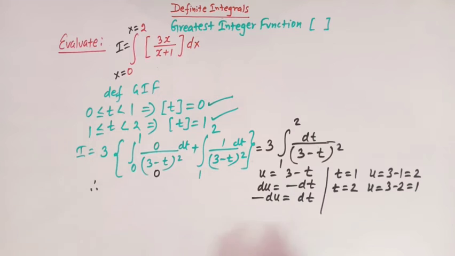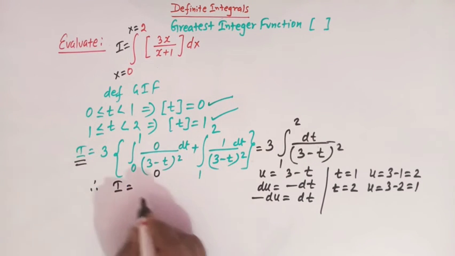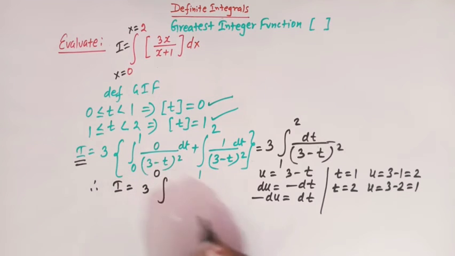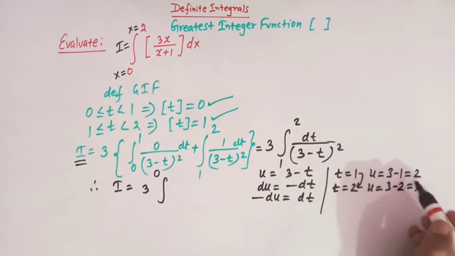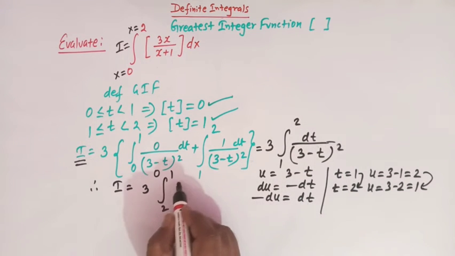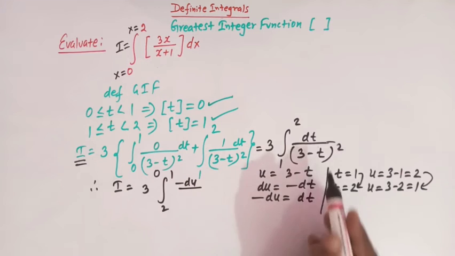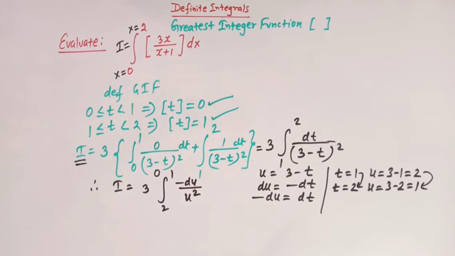So now this integral I becomes 3 times the integral where, when t varies from 1 to 2, u varies from 2 to 1, so here we have 2 to 1, and for dt we have minus du, and here we have u square, right?